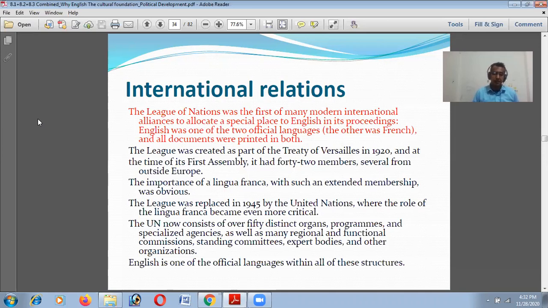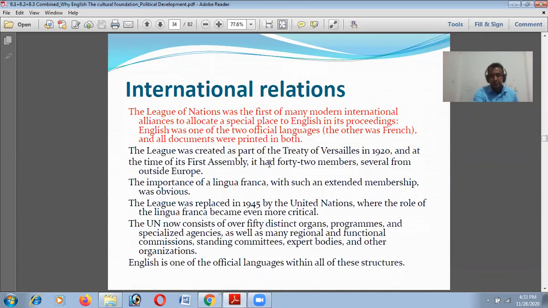And at that time, two languages were the official languages of the League of Nations: one English and another French. And the League of Nations was replaced by United Nations in 1945, where the role of lingua franca became even more crucial.